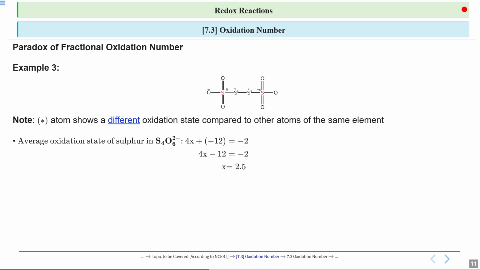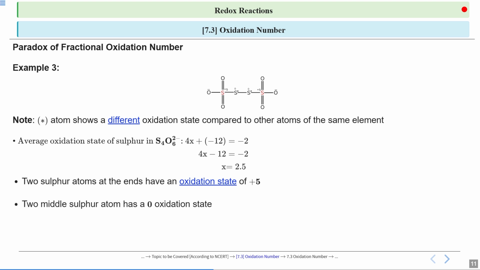So if we look at the structure, the two sulfur atoms which are marked in red in the structure contain a positive oxidation state of +5, while the 2 middle sulfur atoms have an oxidation state of 0.